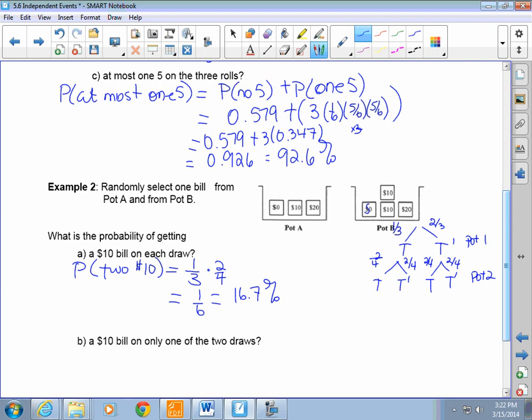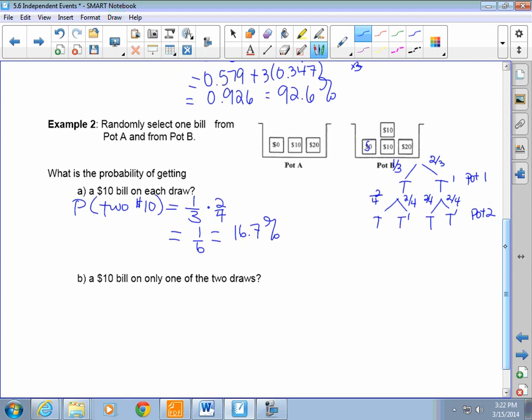So B part says, what is the probability of getting a 10 bill on only one of the 2 draws? So you can get a 10 in the first draw or a 10 in the second draw.